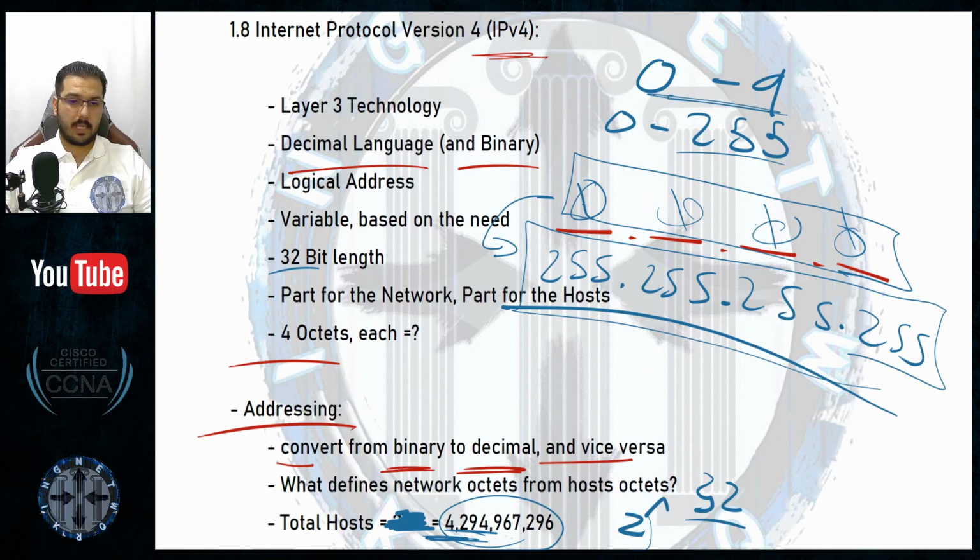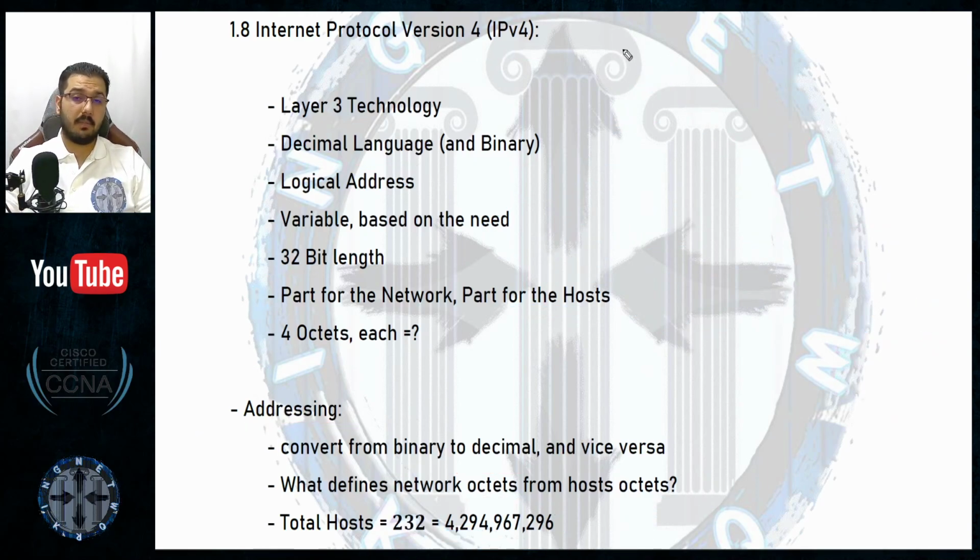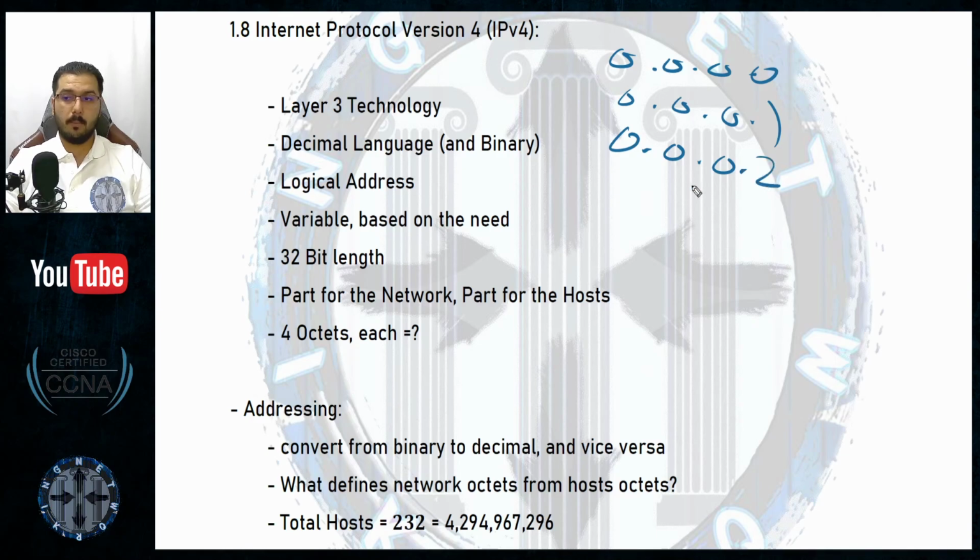Let me give you one last example. If the first one was 0.0.0.0, then the second will be 0.0.0.1, the third will be 0.0.0.2, until you reach 0.0.0.255. You can never make it to 256, so you have to type 0.0.1.0, 0.0.1.1, 0.0.1.2, yes, until you reach 0.0.1.255.